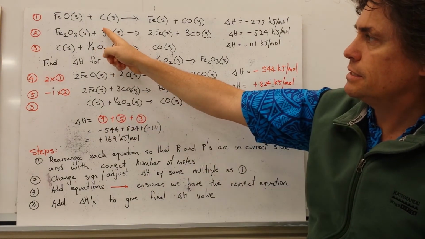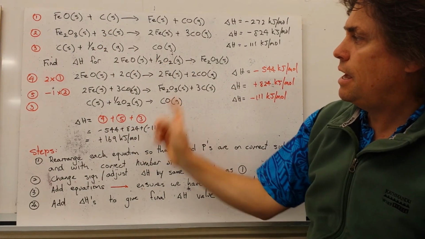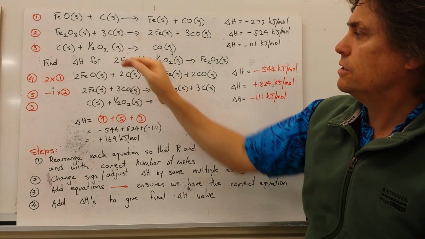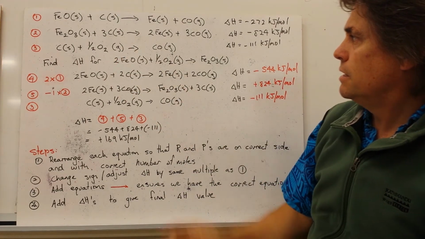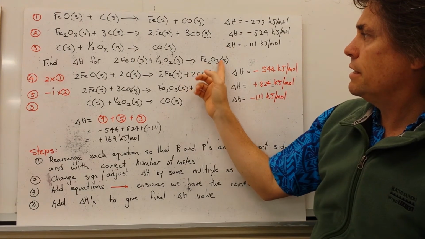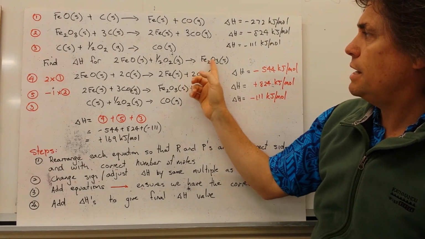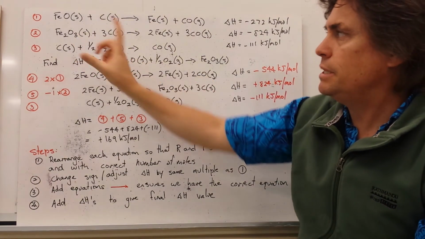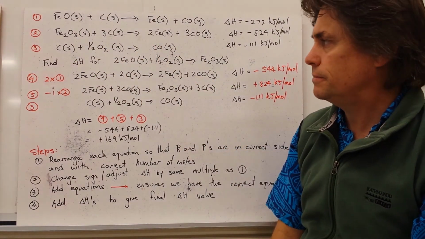Now, if we look at our second reaction, our reactants and products are on the wrong side for our reaction that we want to find. So we see that we've got the iron 3 oxide on the right-hand side here, but it's on the left-hand side here. That means we need to reverse this reaction.